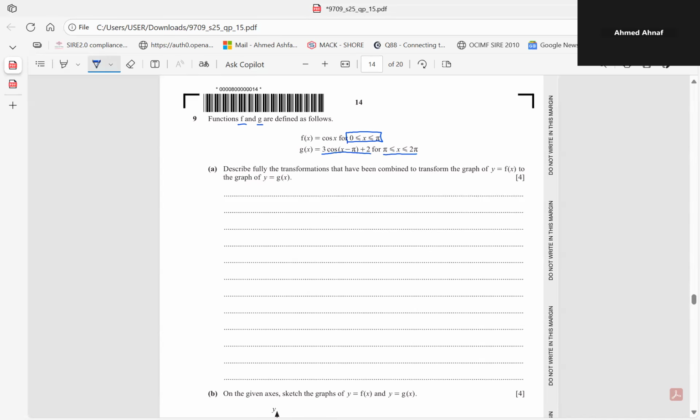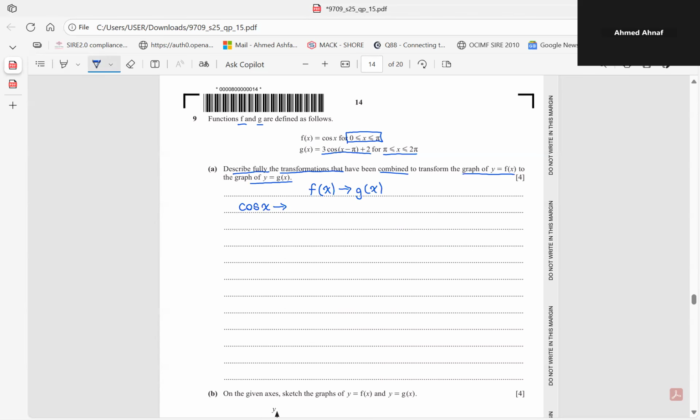And for the first part, we have to describe fully the transformations that have been combined to transform the graph of y equals f(x) to the graph of y equals g(x). So basically, we have to know how to transform f(x) into g(x). To do this, we're going to write the equation of f(x), cosine x, and see how they got g(x).